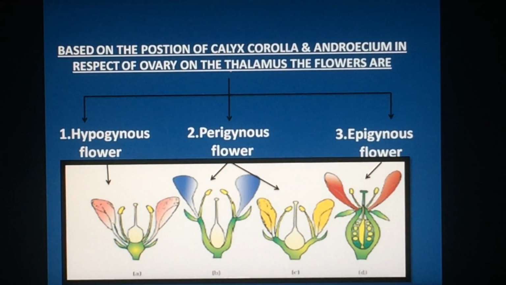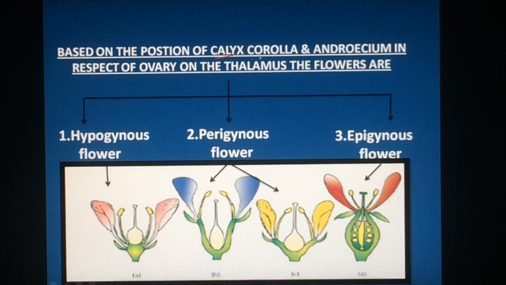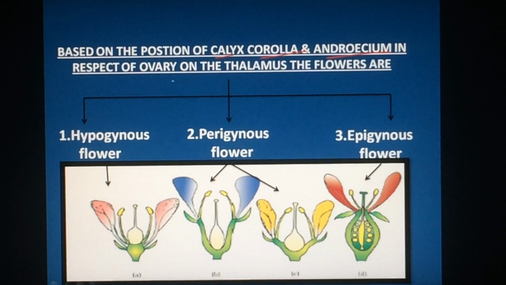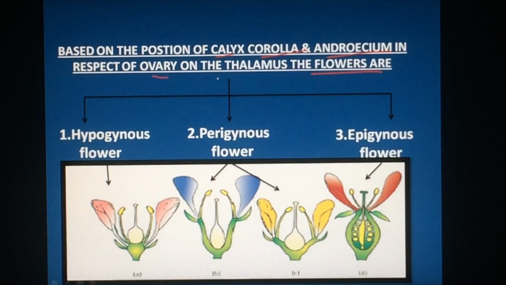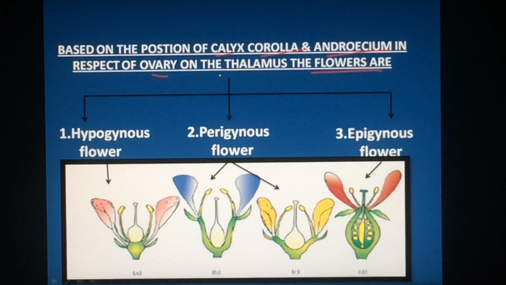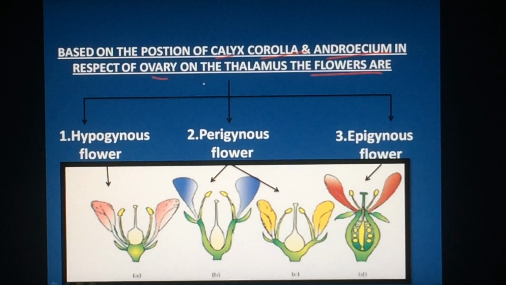So, based on the position of calyx, corolla, androecium, in respect of ovary, on thalamus, flowers can be described. So here, what is the comparison? Comparison between the calyx, corolla, androecium with respect to what? Ovary.